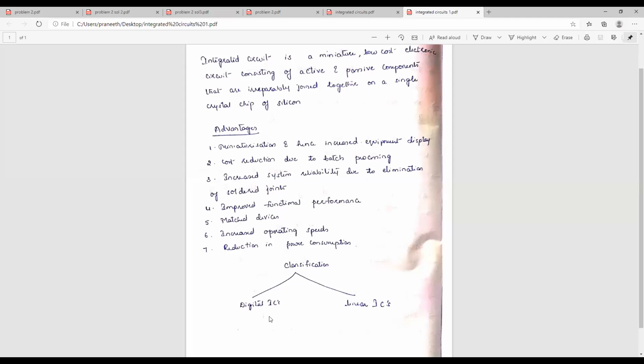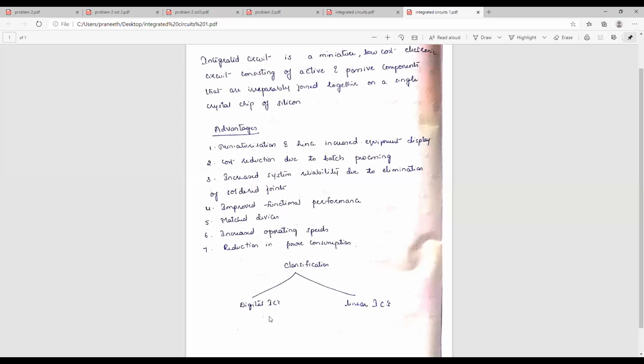For example, if you have seen NOR gate, NAND gate, AND gate, OR gate, there are exclusive ICs for these, like 7400, 7402, 7404. All these are digital ICs, which can be used as NOR gate, NAND gate, AND gate, sorry, NOT gate, all these things.